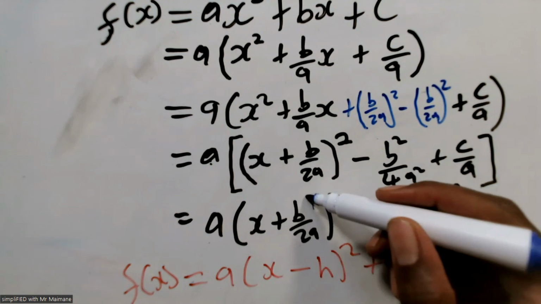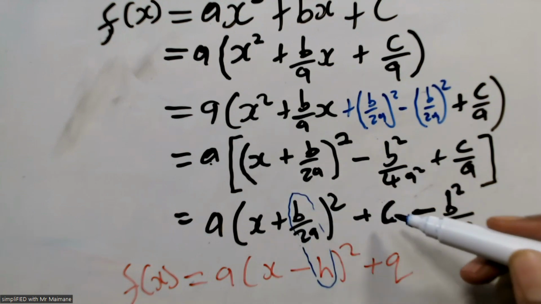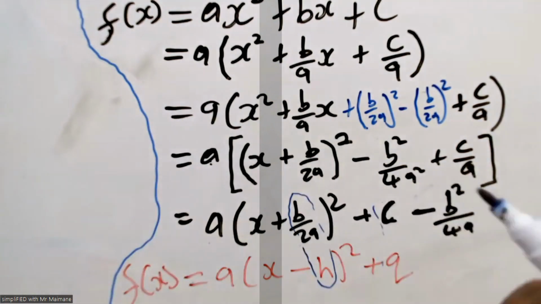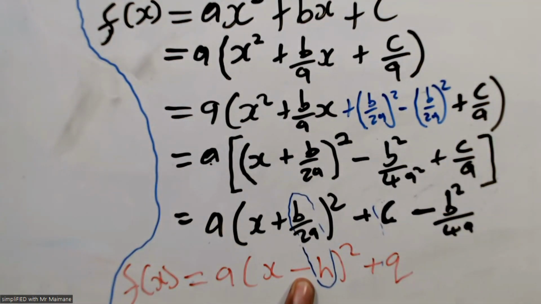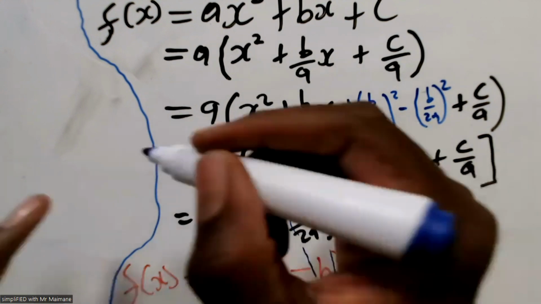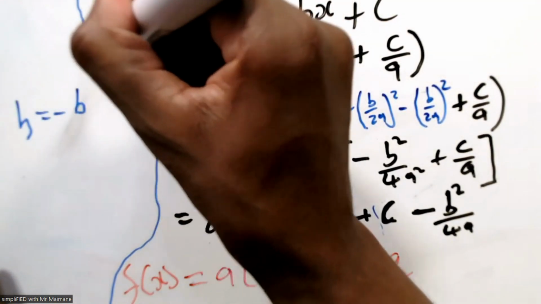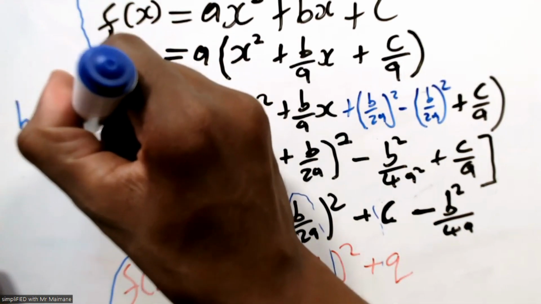You can see that these things are similar. Meaning here, minus h is equal to b over 2a. It means our h will be minus b over 2a.